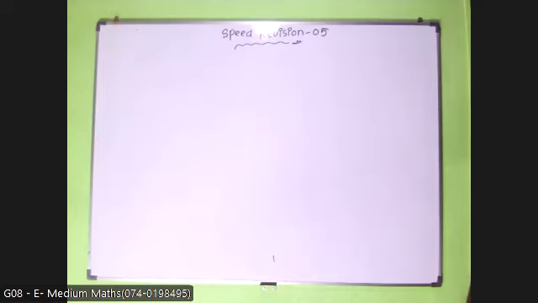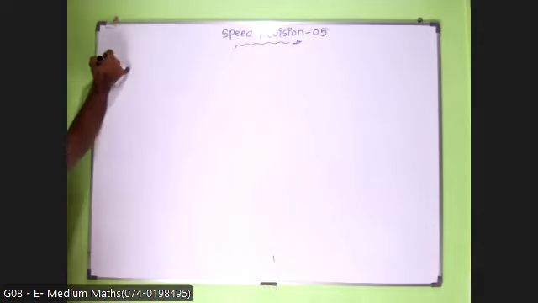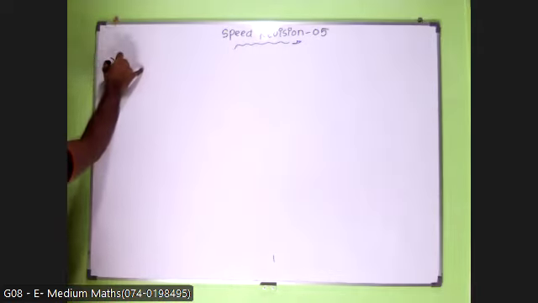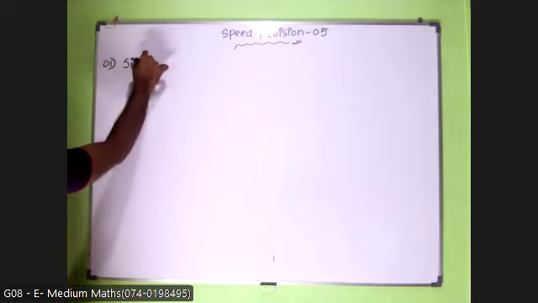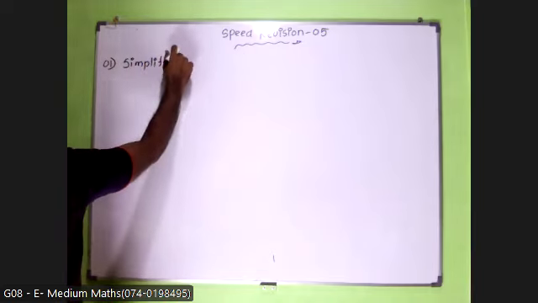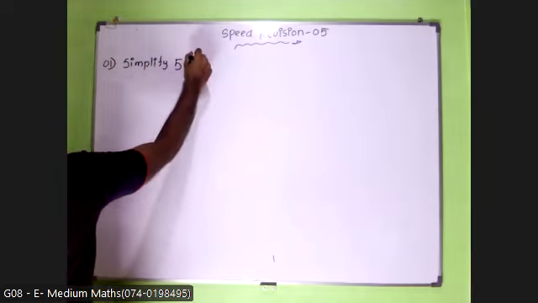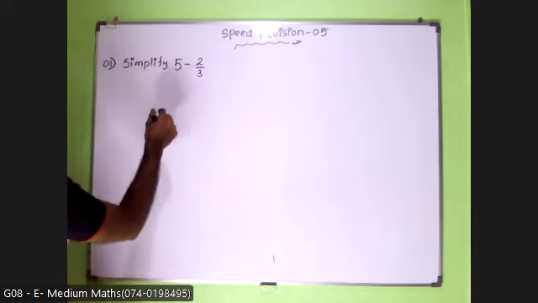Let's do some next question. Right. First question. Simplify 5 minus 2 upon 3. Right.